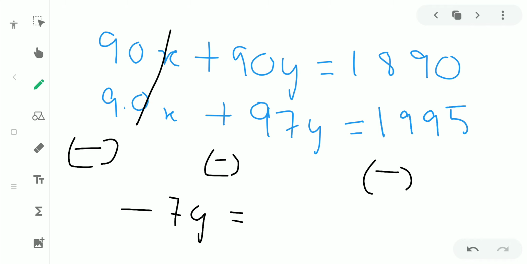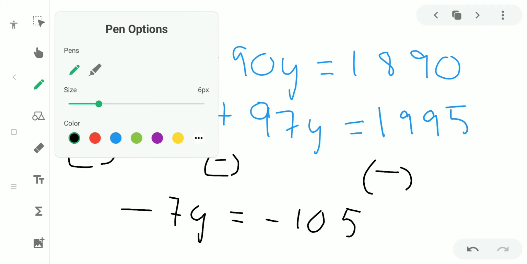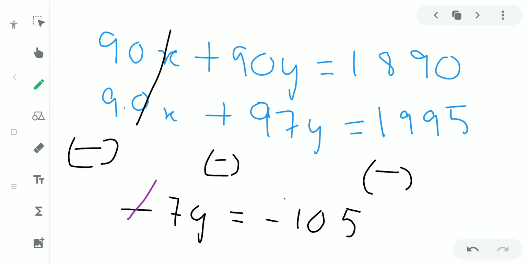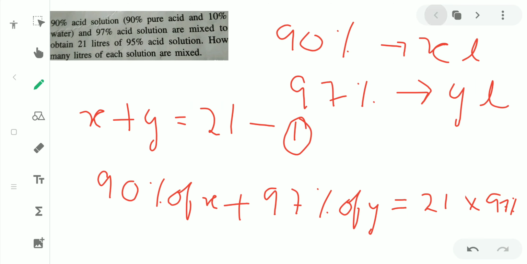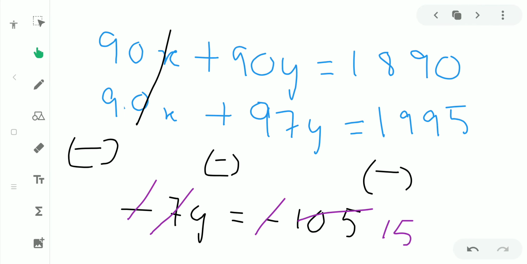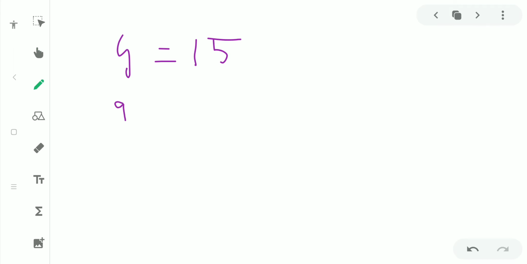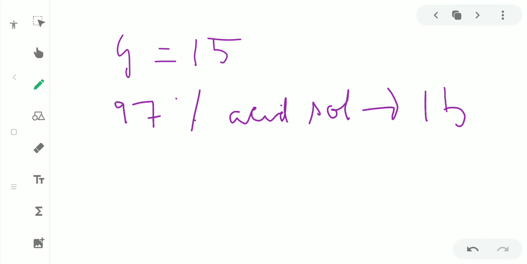So we will be getting minus 105, where minus and minus get cancelled. 7 ones are 7, 15s are 105. So our y is equal to 15. So y is the quantity of the 97% acid solution, which is 15 liters.